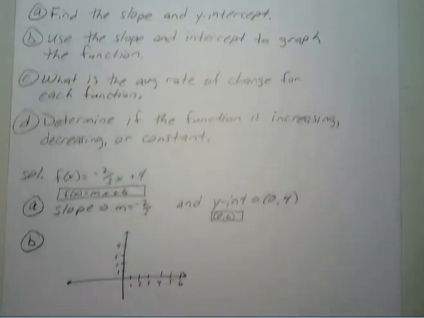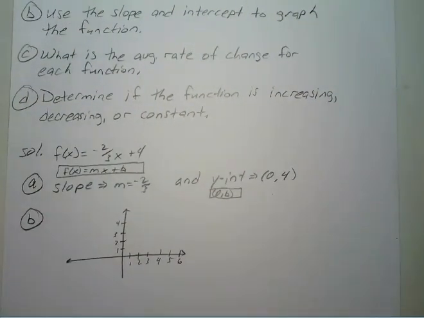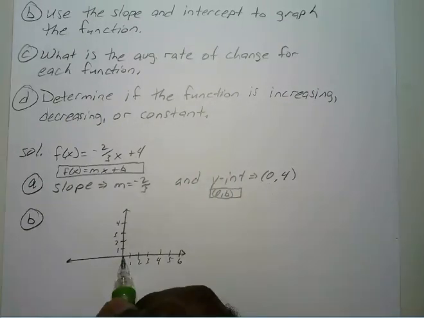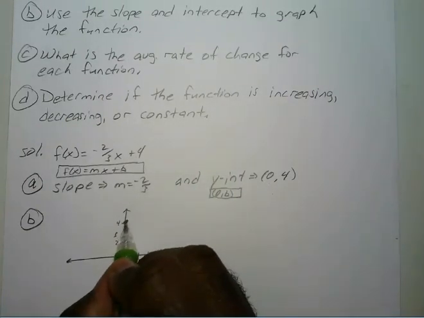Okay. So we know that our y-intercept is (0, 4). So (0, 4) is right there.